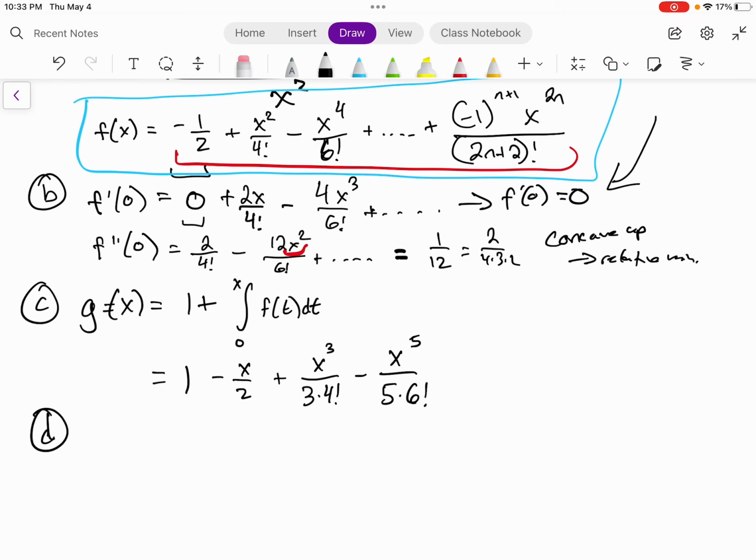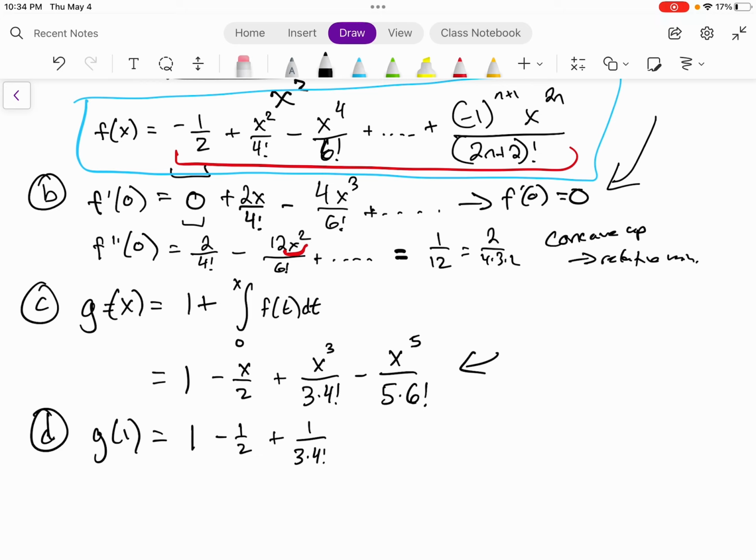Again, the Taylor series is an approximation for a function, right? So g of 1, we can just say, that's 1 minus a half plus 1 over 3 times 4 factorial minus 1 over 5 times 6 factorial. We're just plugging 1 into this. Oops, we only want the 3rd degree one, so we only need these terms.